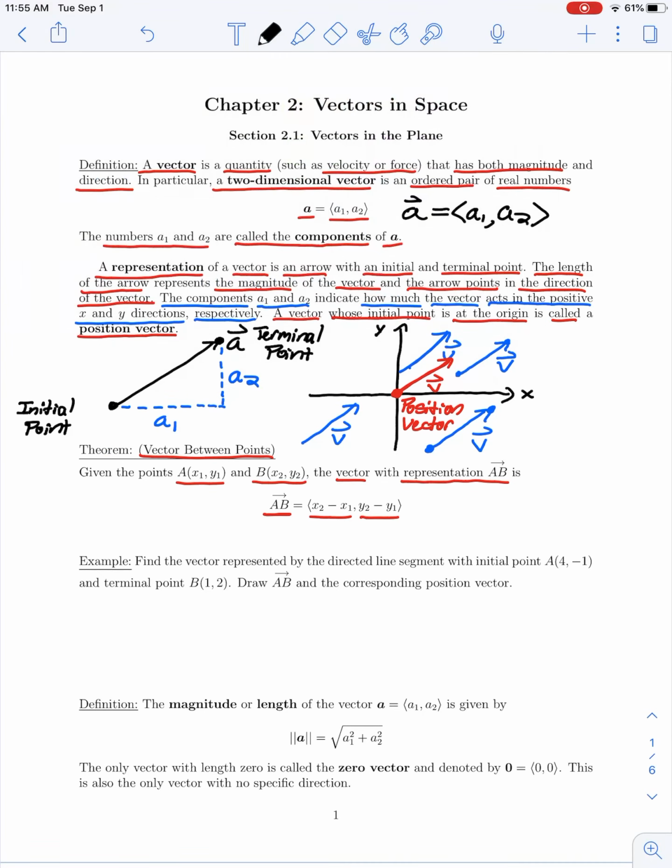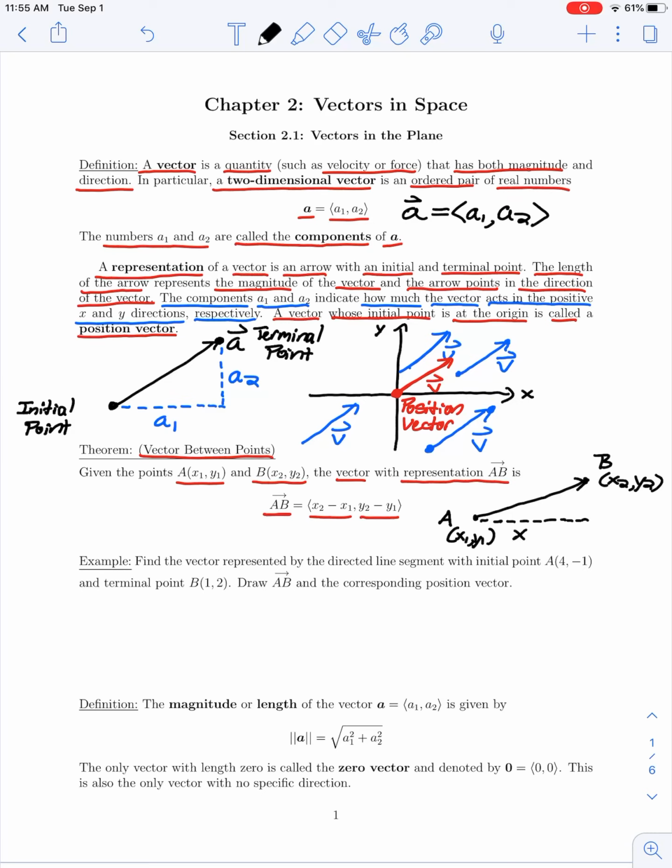And let's think about why this theorem makes sense. If we have in the plane some point A, whose coordinates are x1, y1, and we have some other point B, whose coordinates are x2, y2, then the vector whose representation is from A to B would have a horizontal component given by the horizontal distance that we traveled.